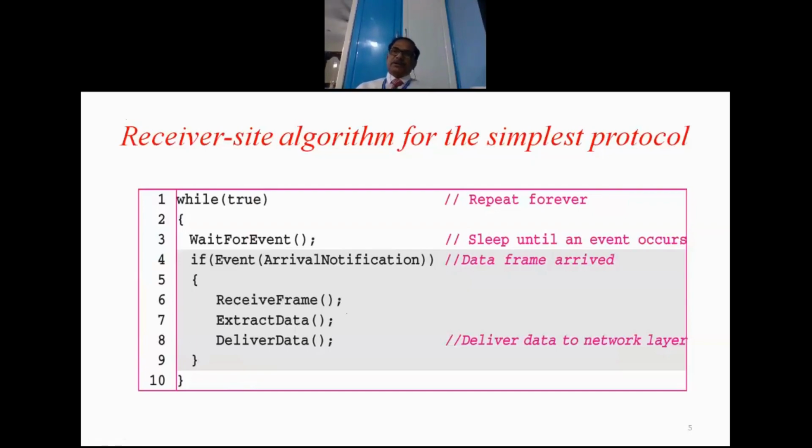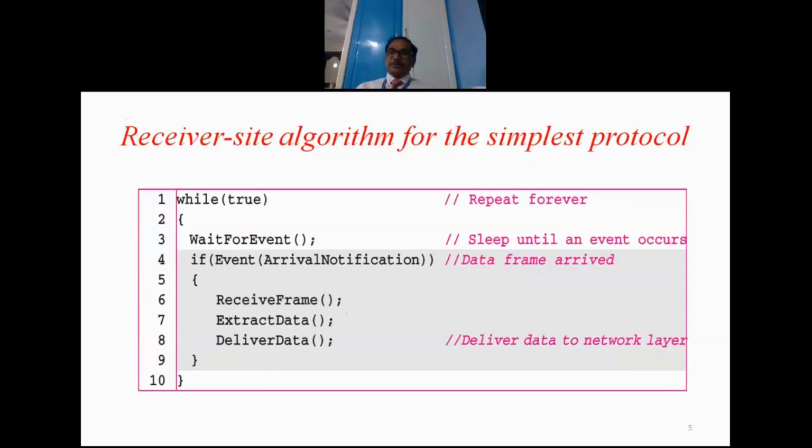Okay, simplest algorithm: send, send, send. It is not going to wait. Now the sender is not going to wait. After sending the first frame, at regular intervals it is going to send the second frame, then the third frame, then the fourth frame.